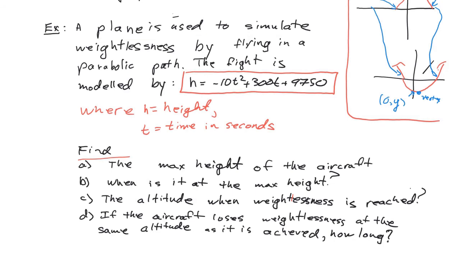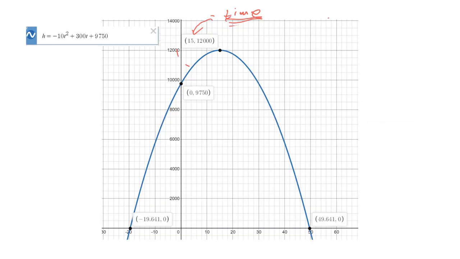So now here's what they asked for in our problem set today. They asked us for the maximum height of the aircraft and when it is at that maximum height. Now, we literally took that information, so we need to remember that the x portion of this is the time, and this portion here of our vertex is the 12,000, which is just the height.